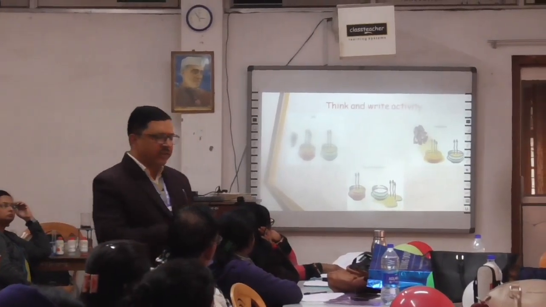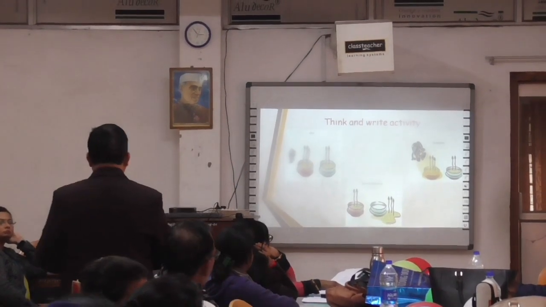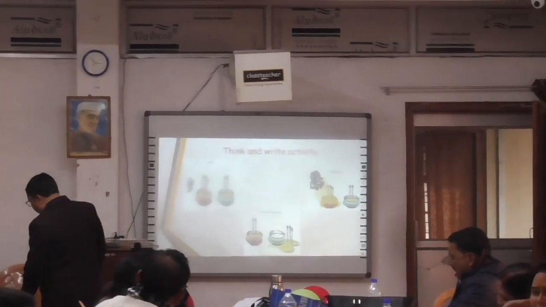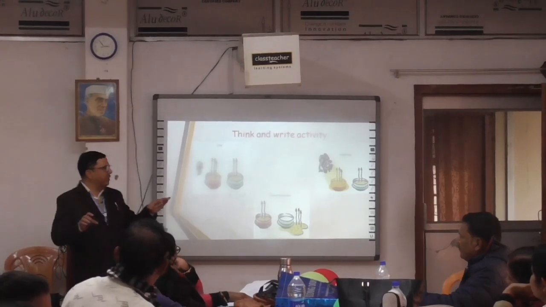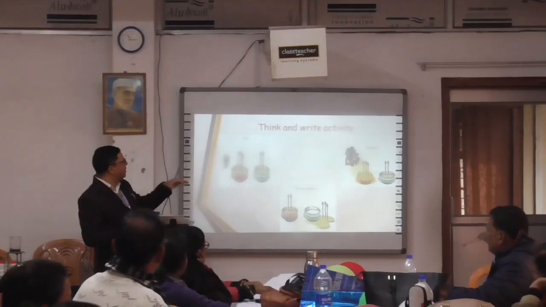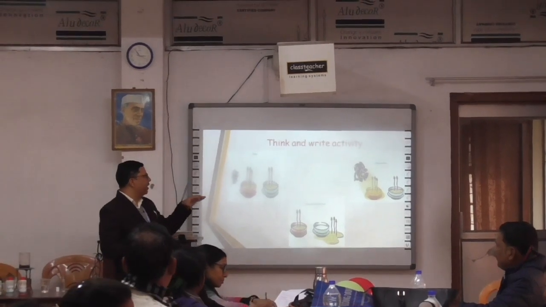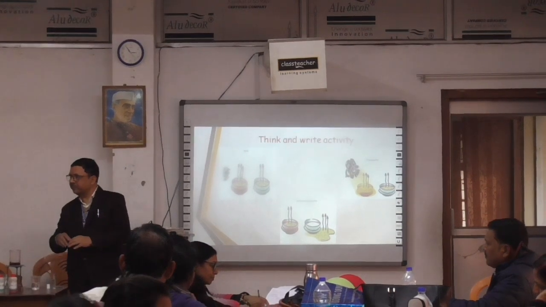So your next activity is observe and write. What we have observed just now on the three watch glasses, on the basis of these observations, you have to write on the basis of these three physical things, that is wind, temperature and surface area. So these factors are going to affect the activity.